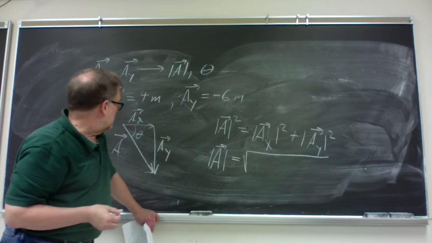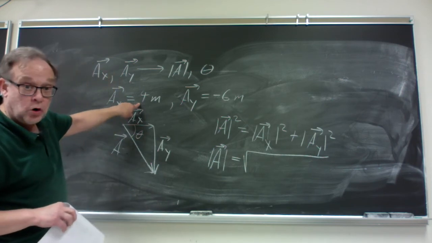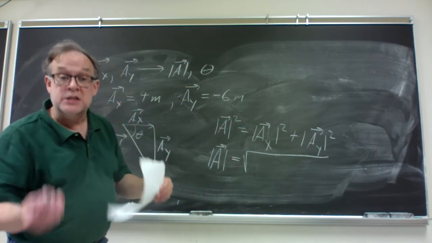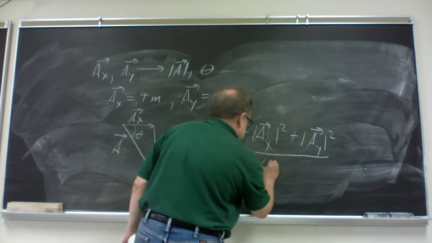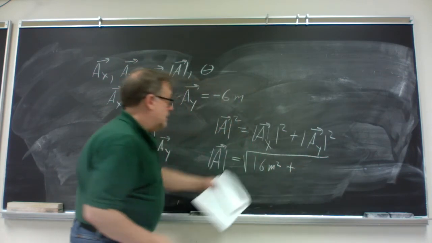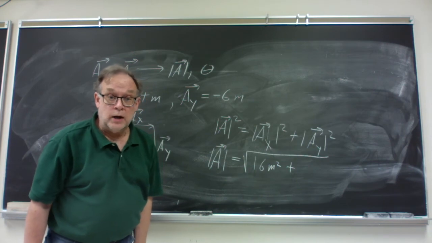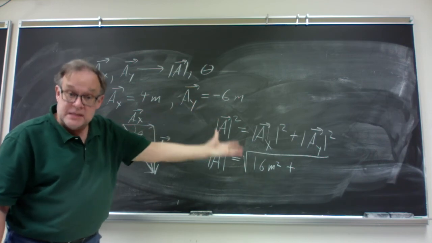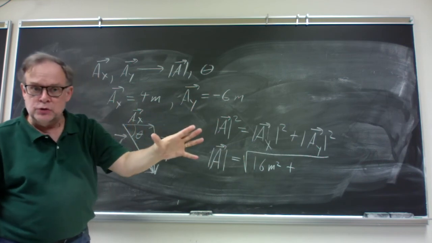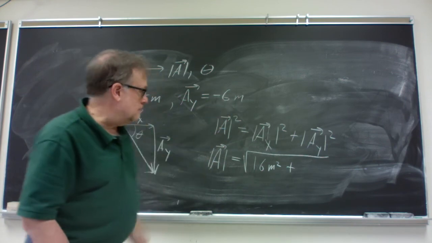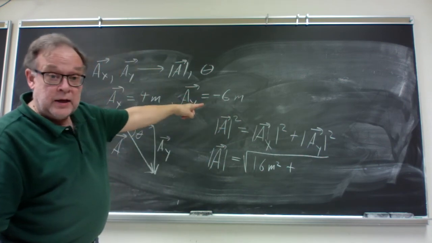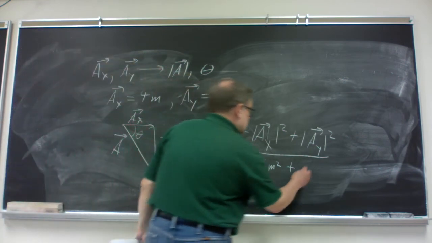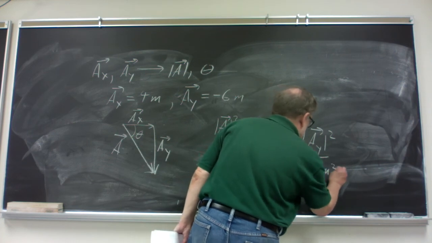AX's magnitude squared. Well, AX's magnitude is 4 meters, so the magnitude of AX squared is 16 meters squared. And then the magnitude of AY squared. The magnitude of AY, just the size of AY, is 6. Right? Magnitude is just size without regard to direction. And so the magnitude of AY squared is 6 meters squared, or 36 square meters.